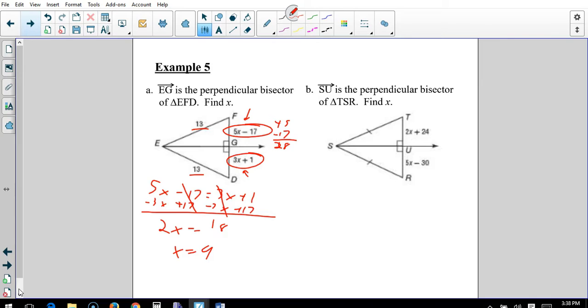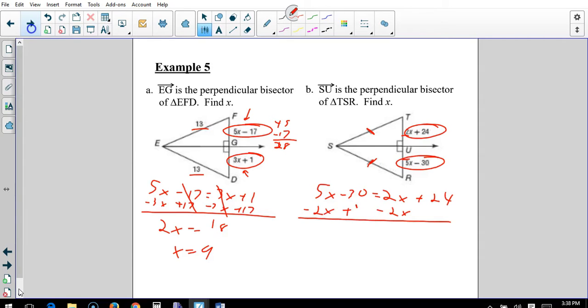SU is a perpendicular bisector of angle TSR. Find x. Once again, notice these are congruent, but these are going to be congruent also because it's a bisector. So we set these two equal to each other. 5x minus 30 equals 2x plus 24. Subtract 2x from both sides and add 30 to both sides.